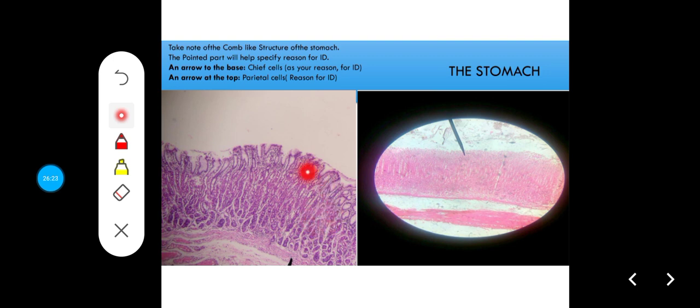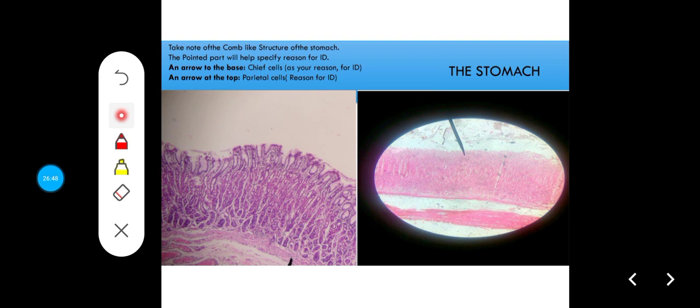So look at the epithelium here as well. Notice how prominent it is. Comb-like, appears comb-like. The muscle layer is not really distinct. Remember what I said, the muscle layer contains an inner oblique, then a middle circular, and then an outer longitudinal muscle layer.